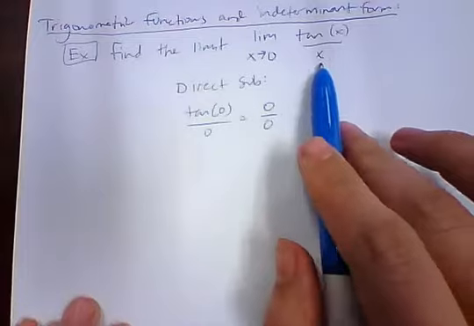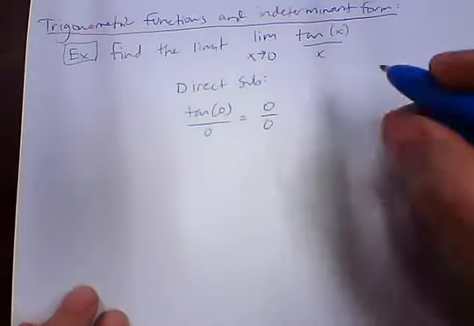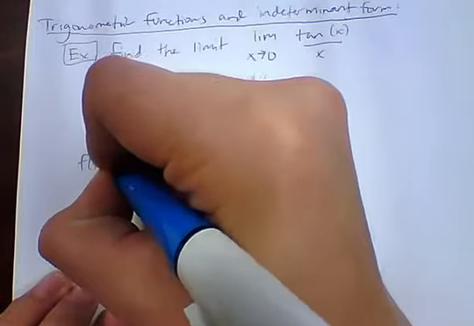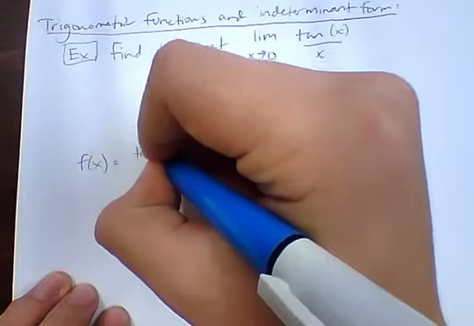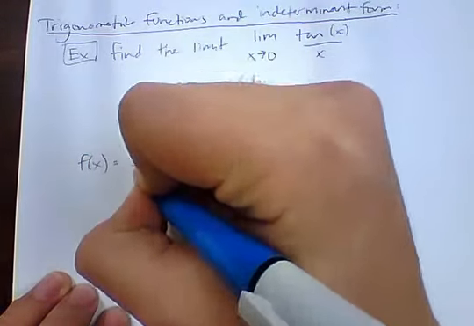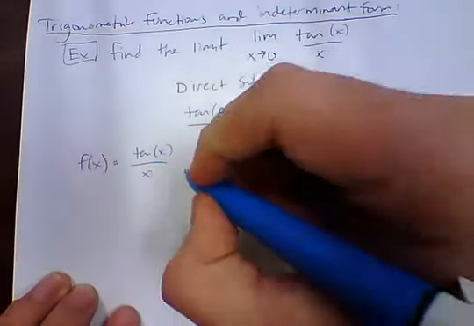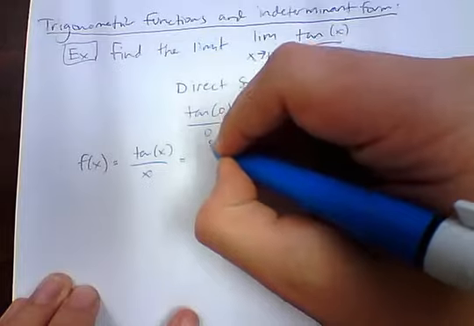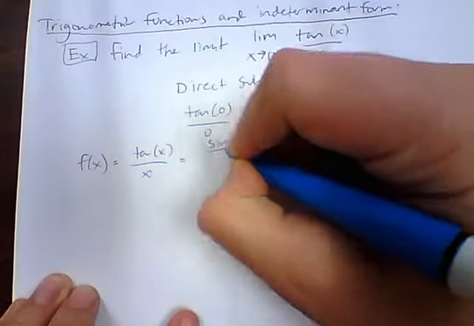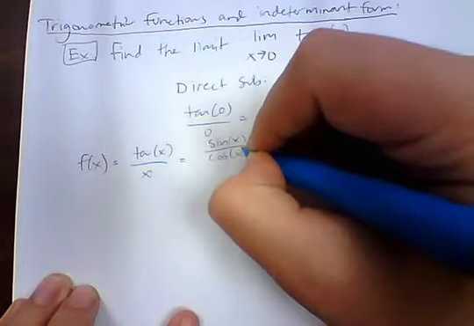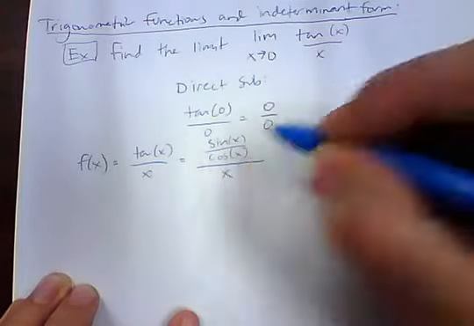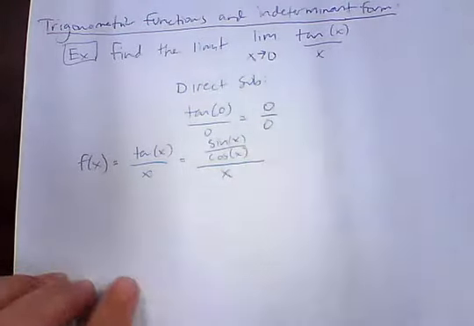Let's rewrite tangent of x over x as something else. So let's take our function that we're starting with, tangent of x over x, and let's change tangent of x to sine of x over cosine of x, and then we still have that divided by x on the bottom. All right, we're getting somewhere.